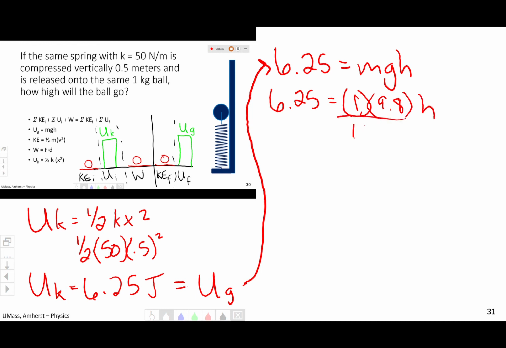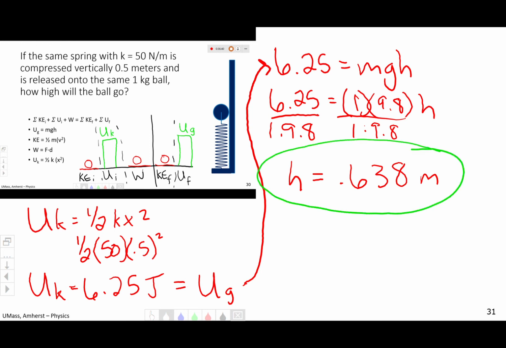So we divide by 1 times 9.8. And we end up with a height of 6.25 divided by 9.8, 0.638 meters. And there's your answer.